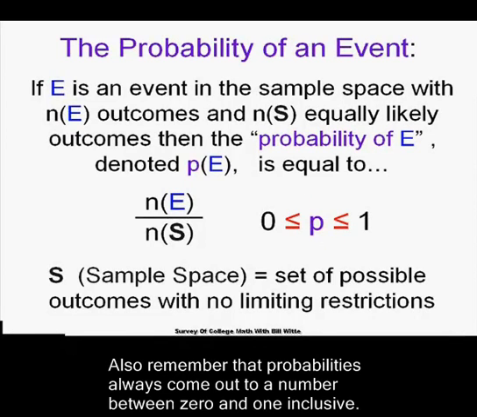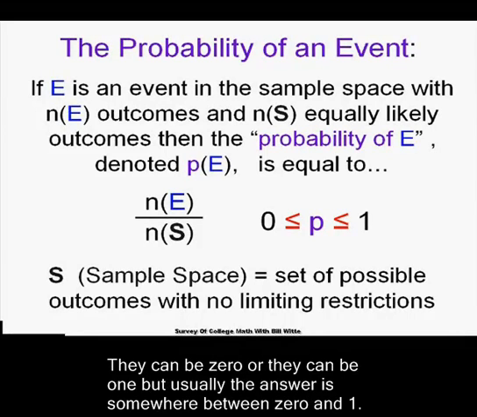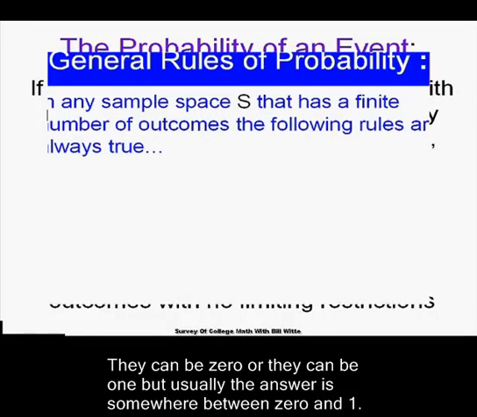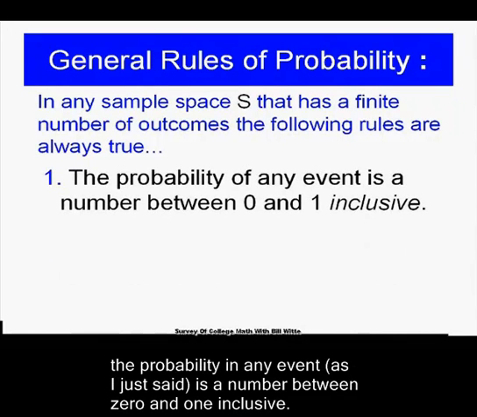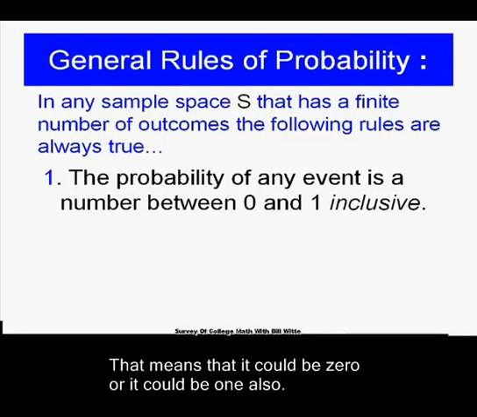Also remember that probabilities always come out to a number between 0 and 1 inclusive. They can be 0 and they can be 1, but somewhere between 0 and 1 you're going to get the answer. Now there are rules that are always followed in probability. That is, the probability of any event is a number between 0 and 1.